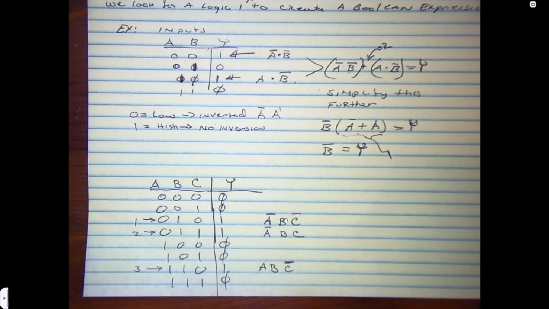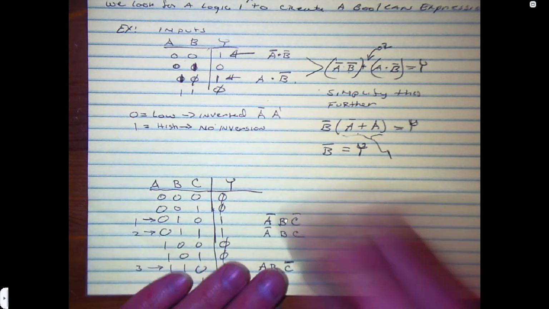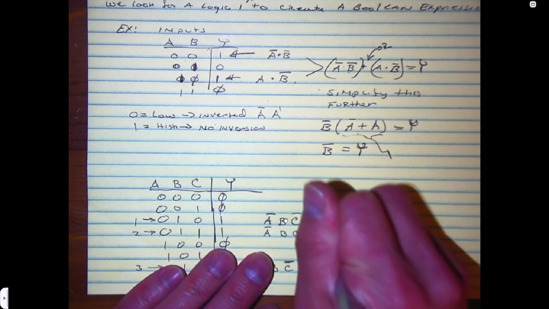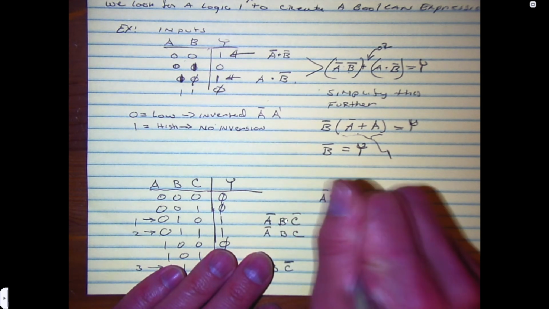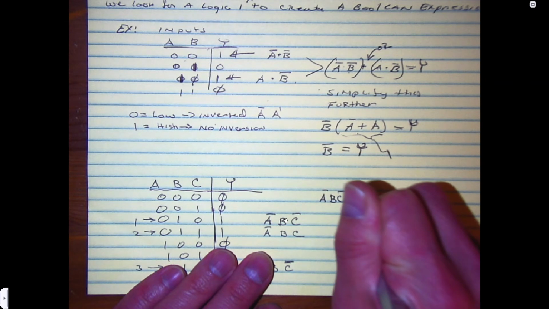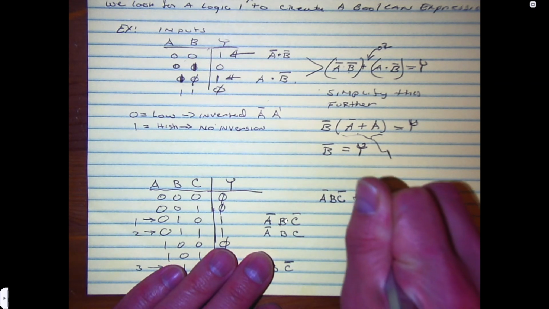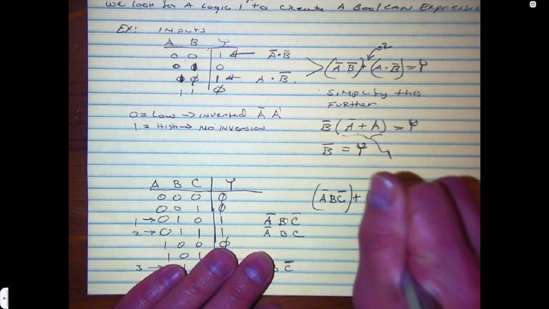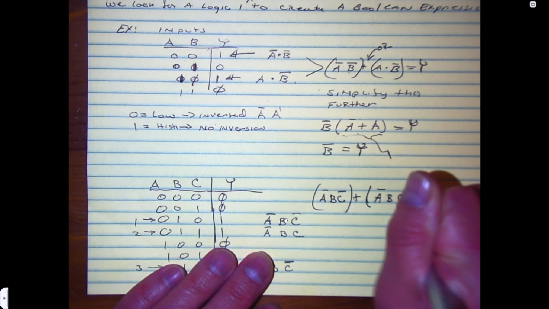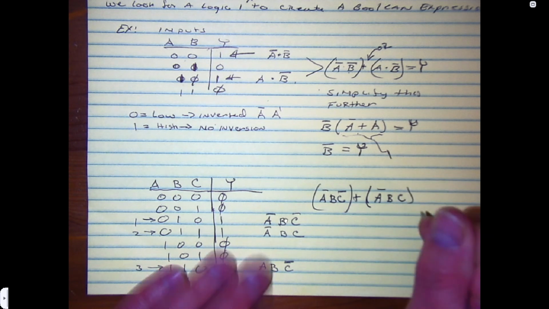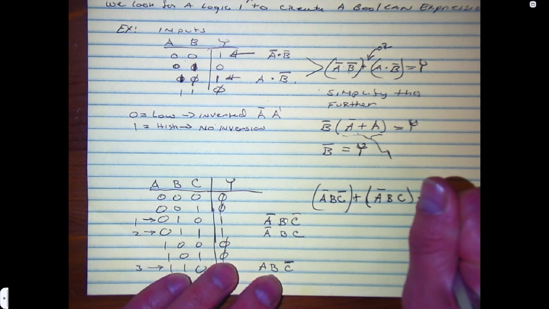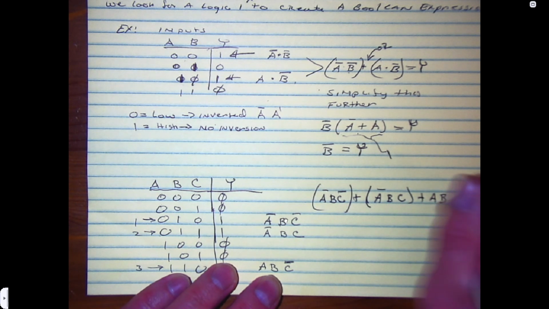So let's see if we can put this together. First of all, let's just put this into a Boolean expression. So I'm going to write that up here. I'm going to start with this one: A naught, B, C naught, OR, and I'm going to put these in parentheses so we can do this just the right way, A naught, B, C, and then we have ORed it with A, B, C naught.